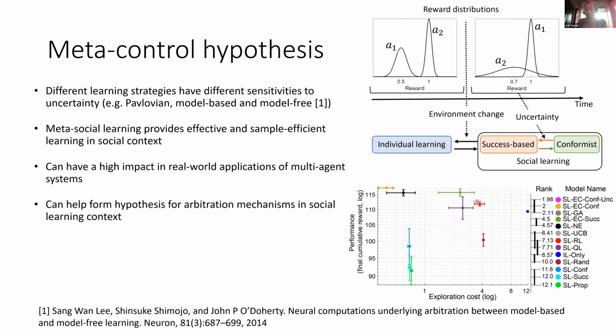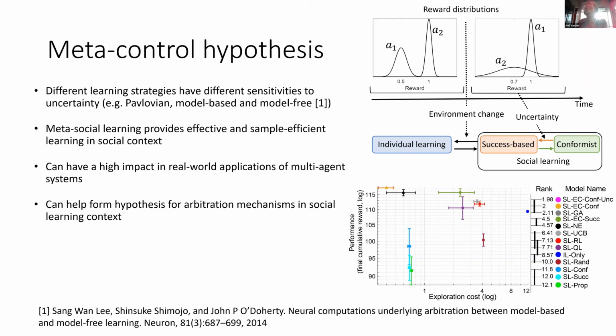For example, one strategy may be chosen. And one example is model-based versus model-free learning. There is quite a large literature showing that these strategies depend on the environment uncertainty. Depending on that, the brain or animals can arbitrate between these strategies to increase the efficiency of learning.